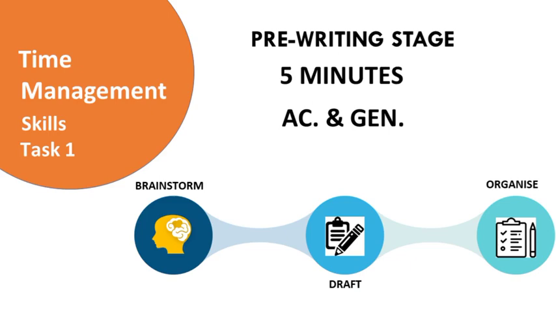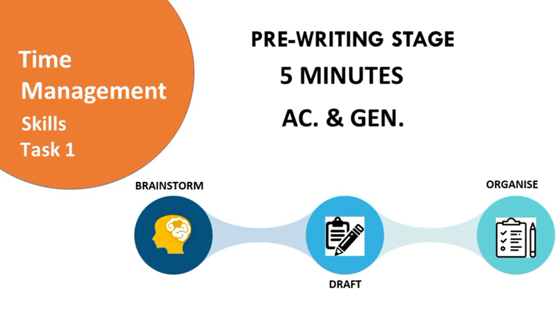In these 5 minutes, at this stage, which is your pre-writing stage for task 1, you're expected to brainstorm the topic given to you or the question or the data or information given to you in your task 1, be it for academic or general.